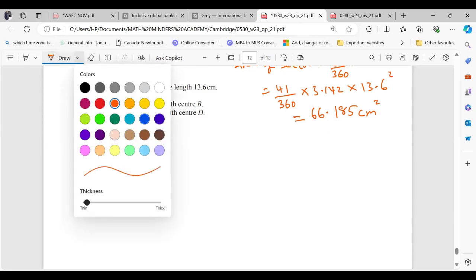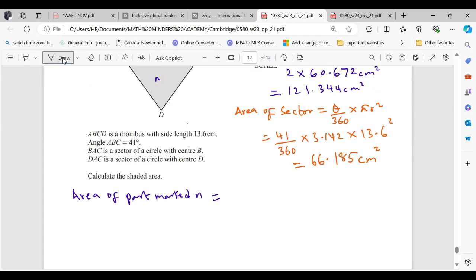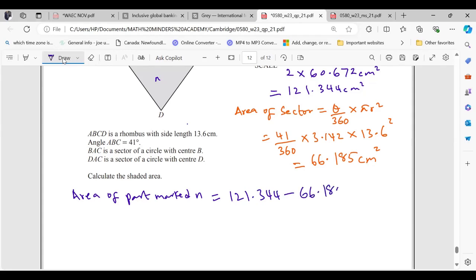So I can go on to say area of part marked N equals area of rhombus, which is 121.344, minus area of sector, which is 66.185.